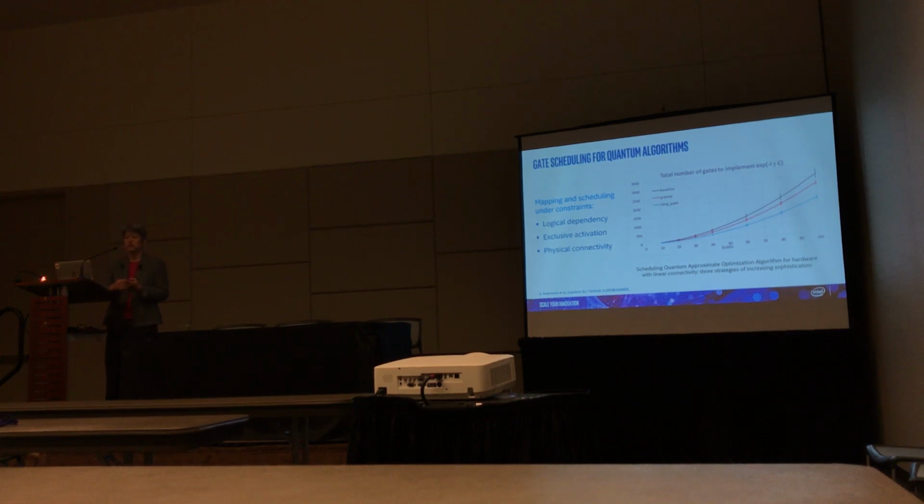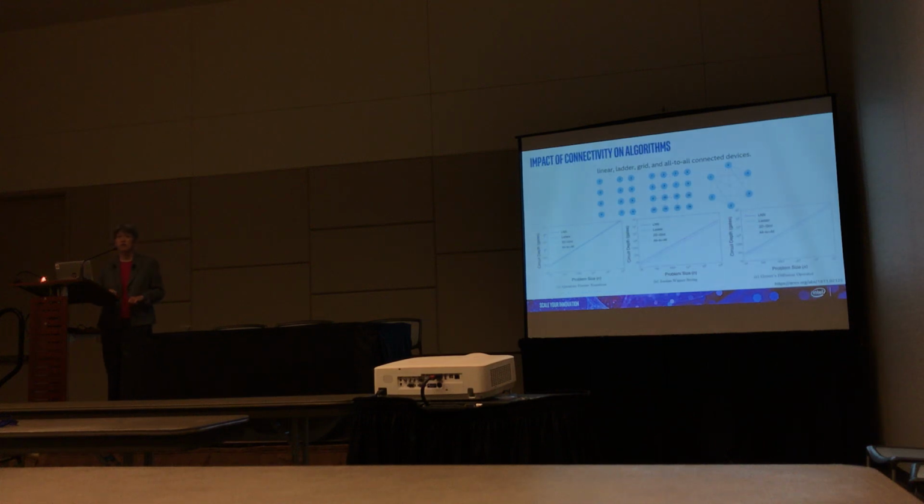Here our constraints were logical dependency, that of course it depends on the logical order of your operations in the algorithm; exclusive activation, where we meant each qubit can only be used in one operation at a time; and physical connectivity, in this case we assumed that two-qubit gates could only happen between qubits that were adjacent to each other. And then in the graph we were showing more and more sophisticated scheduling algorithms to try to reduce the number of operations necessary to run this algorithm.